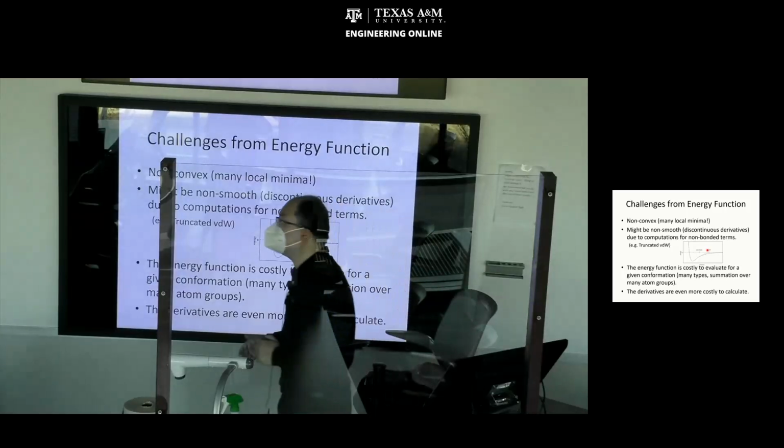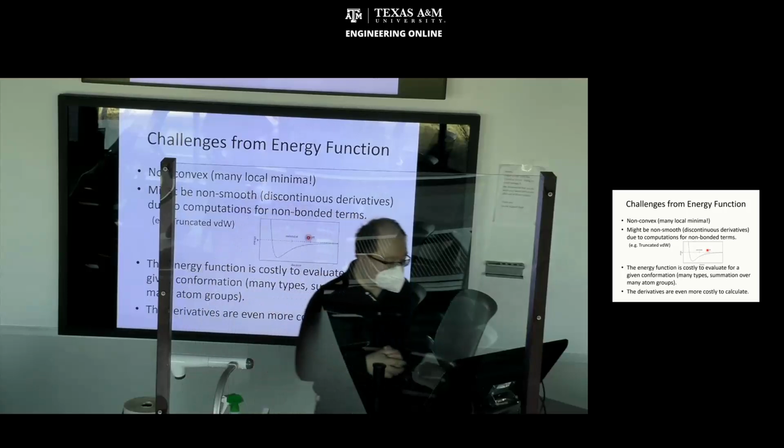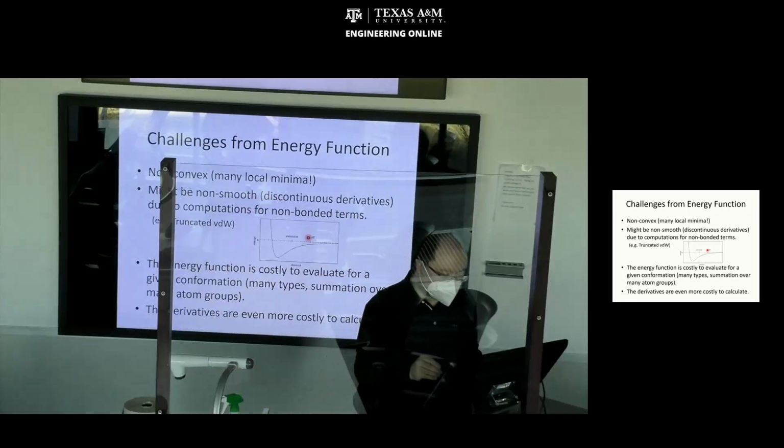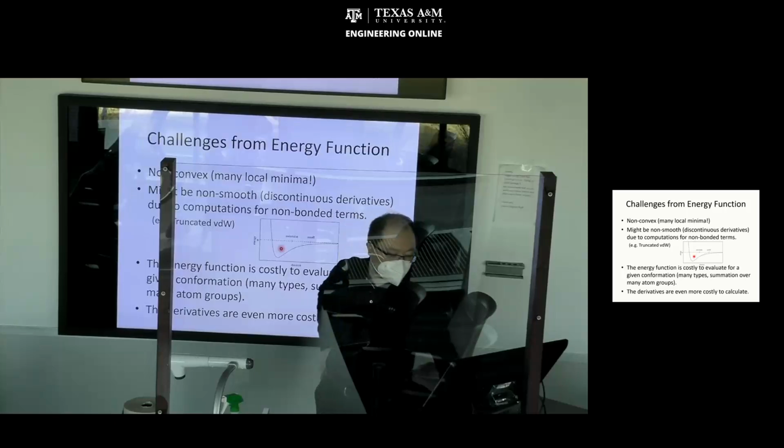The derivatives are not continuous. So what people usually do is smooth these truncated van der Waals terms. But this is one challenge if you want to use gradients.